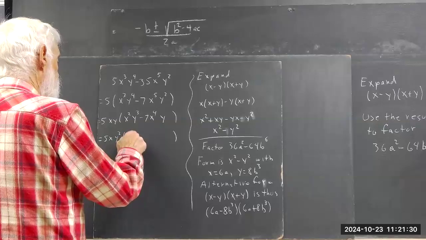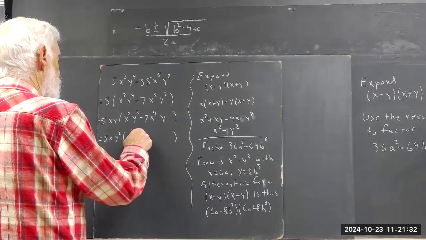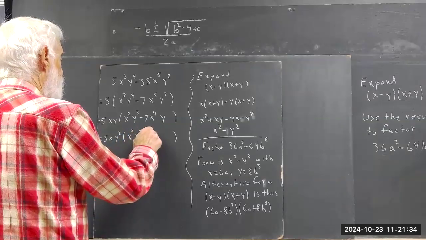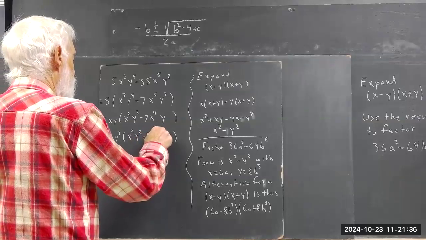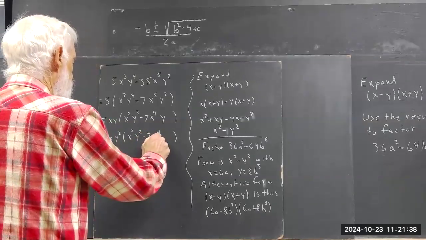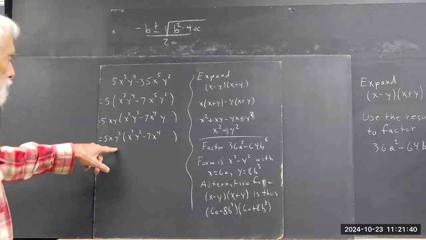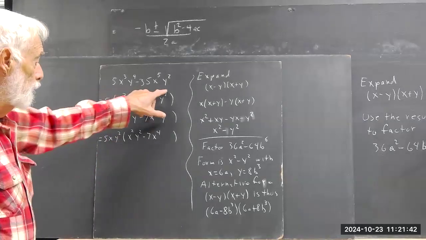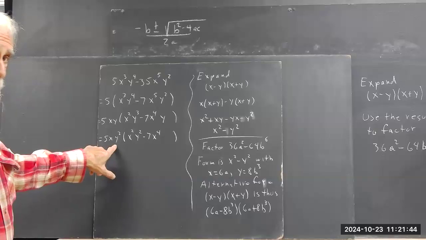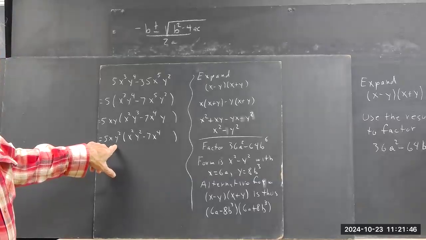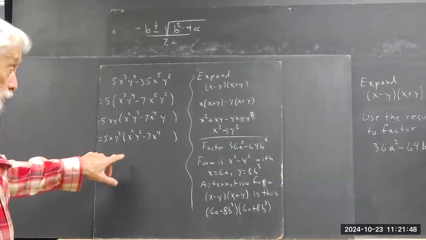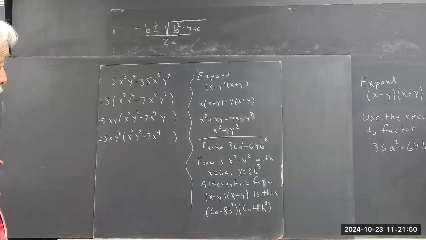And that's going to give us x squared y squared minus 7x to the fourth. Well, that's the highest power of y that's common to both of these terms. So we can't take any higher powers of y out of this expression.